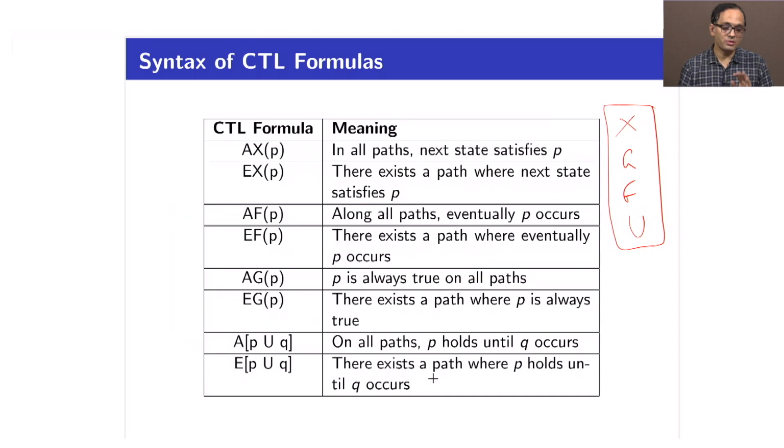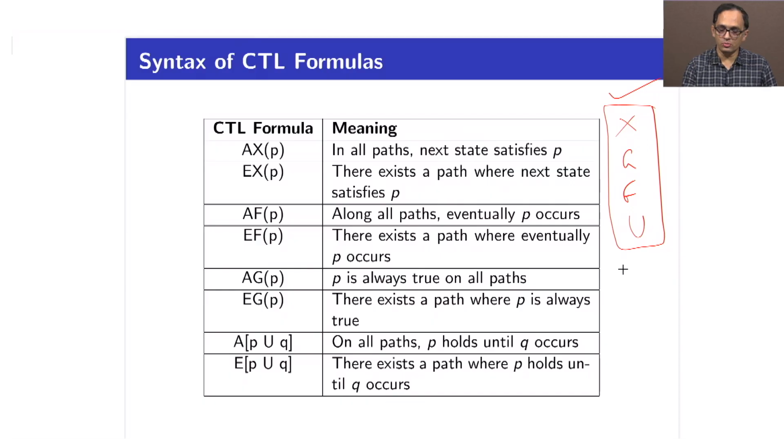But it is very important to note here that the temporal operator is always bound closely with a path quantifier. Earlier I had only the syntax for X, G, F and U in LTL, but in CTL we split each into two, into A and E. So, this gives you 8 combinations: AX, EX, AG, EG, AF, EF, AU and EU.